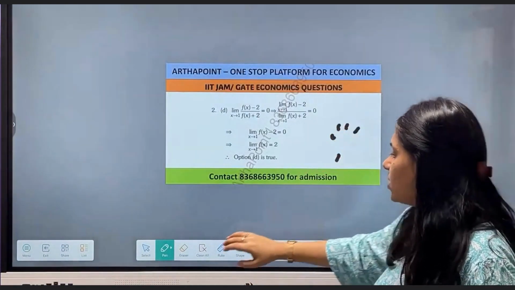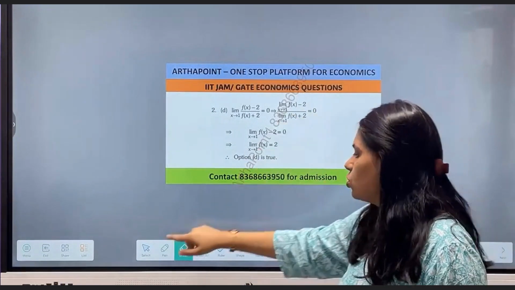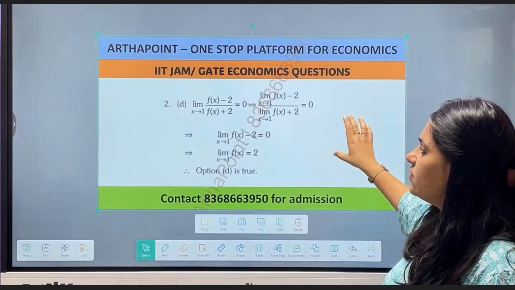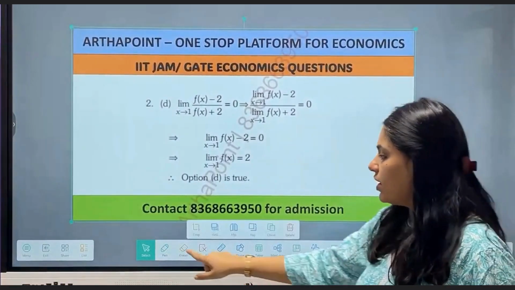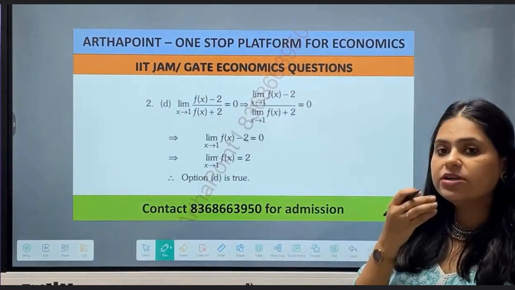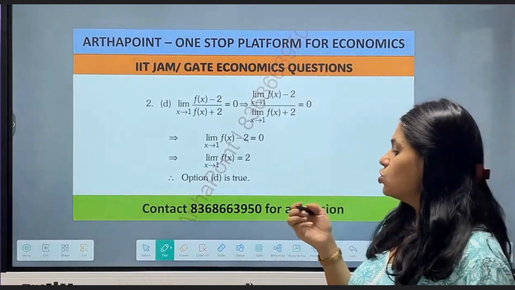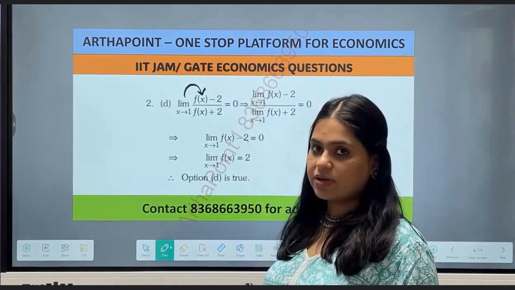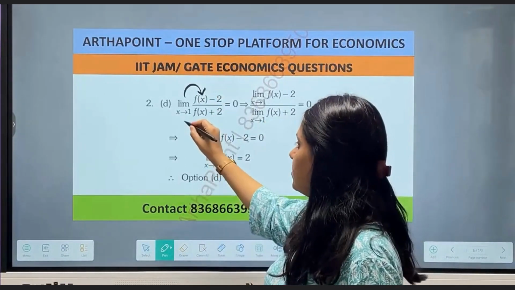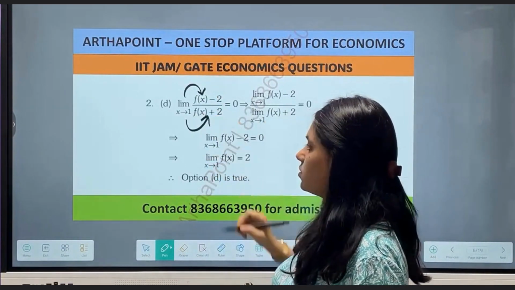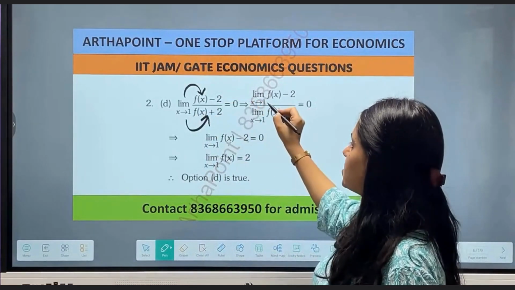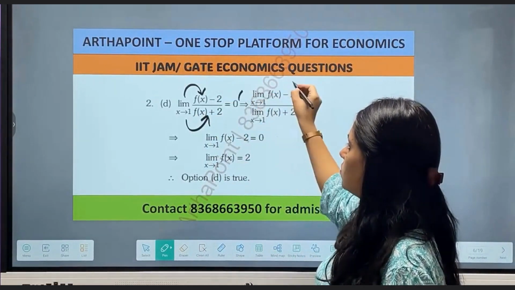So have a quick look at this solution that I have done. Here I want to tend the limit for the fraction. So what can I do? I can take this limit separately to the numerator and separately to the denominator. So in the numerator I get the limit as x tends to 1 of f(x) minus 2.